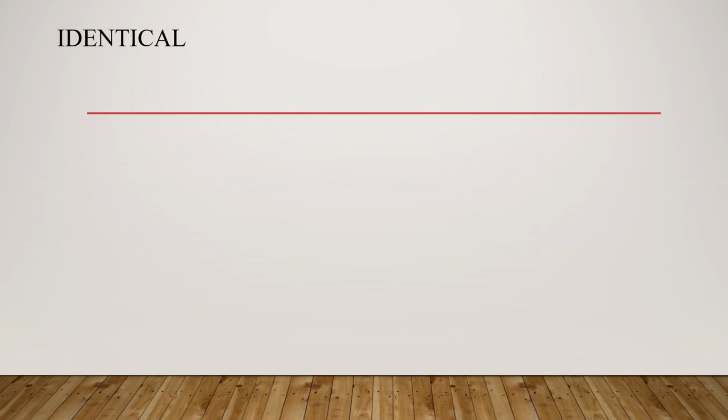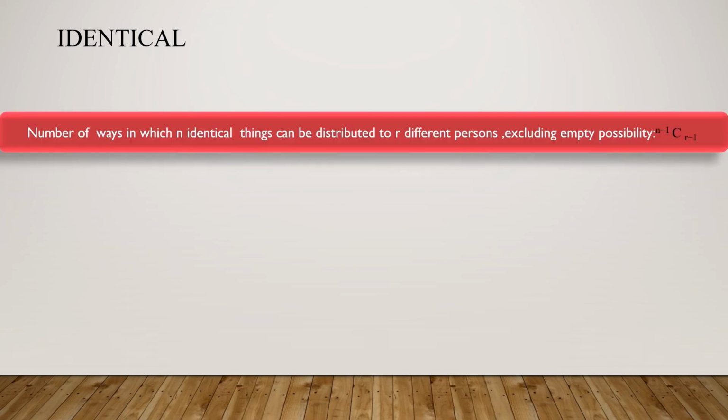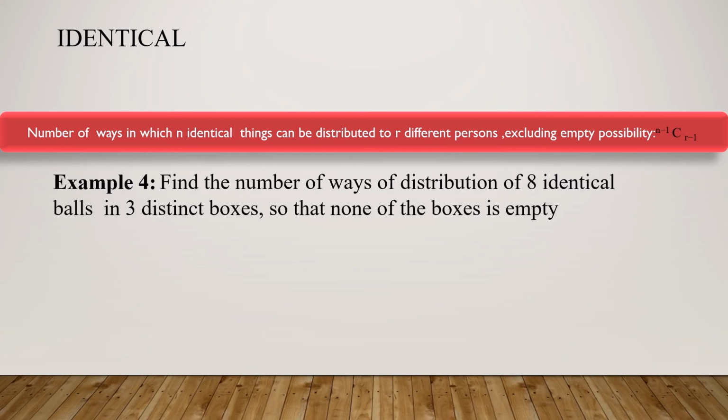The last example included the possibility of a person getting 0 apples also. Now what if it is not needed? Then the number of ways in which n identical things can be distributed to r different persons, excluding the empty possibility, is given by n minus 1 C r minus 1. Example 4.